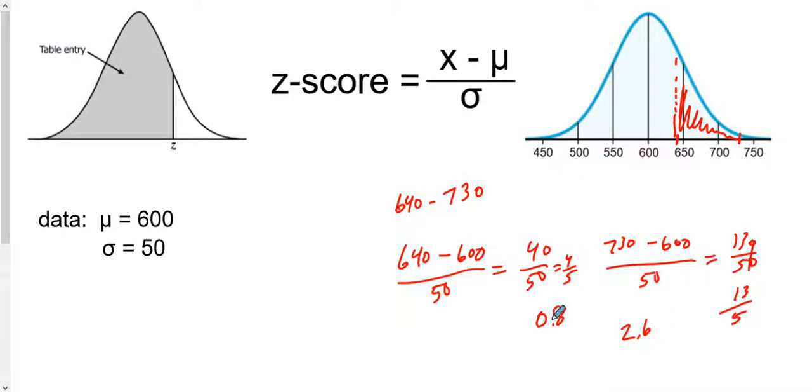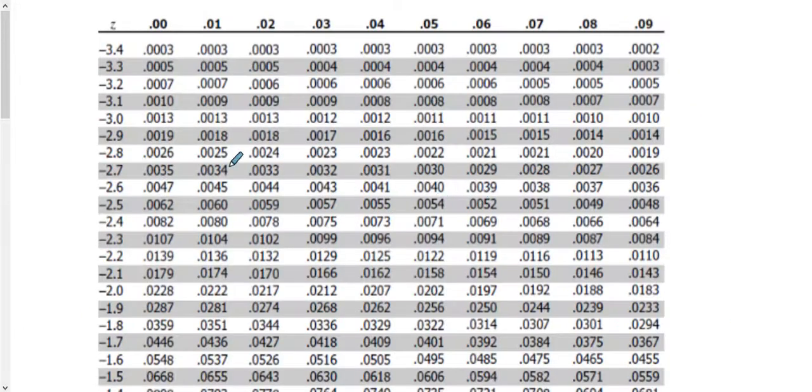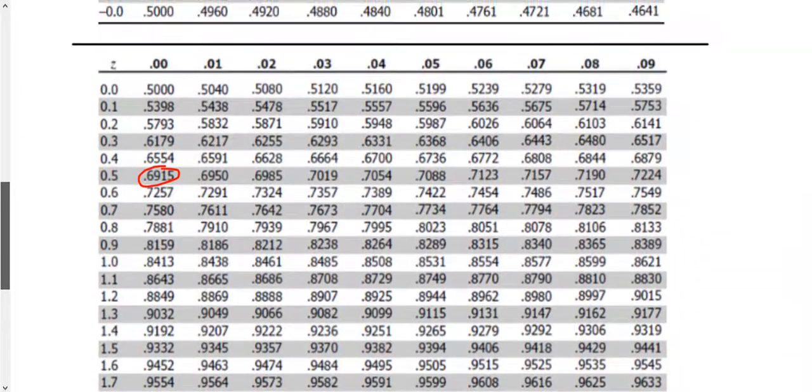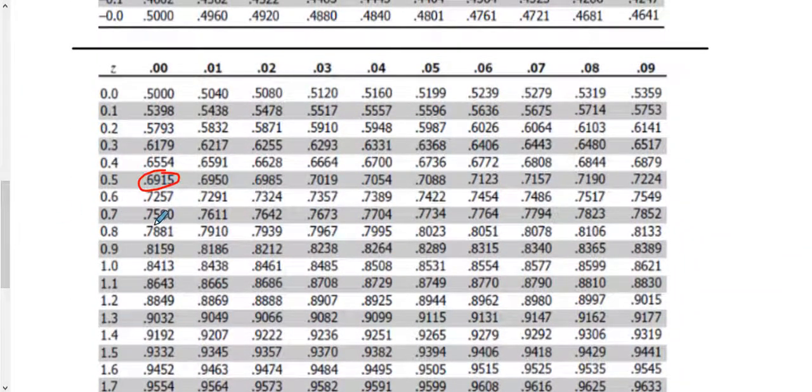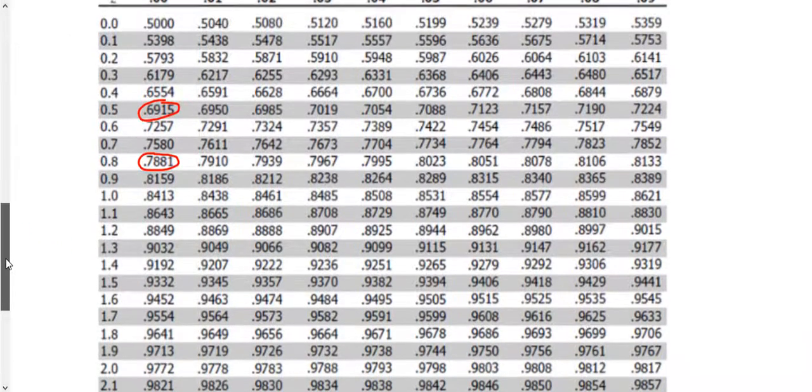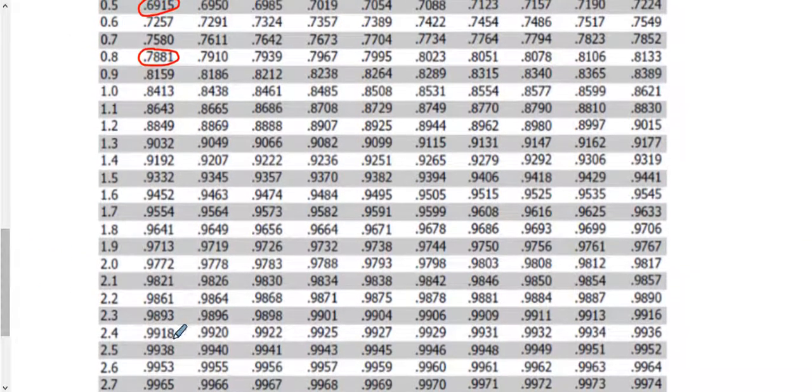So we're going to look up these two z-scores, 0.8 and 2.6. Down to the positive one again, 0.8 is right here, 0.7881. And 2.6 is right here, 0.9953. So 0.7881 and 0.9953.